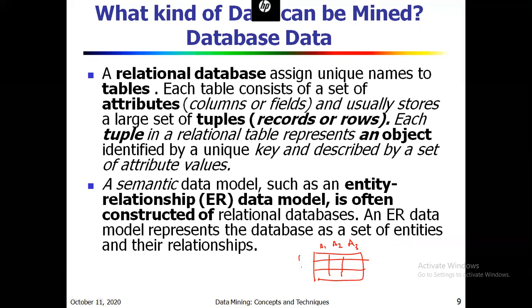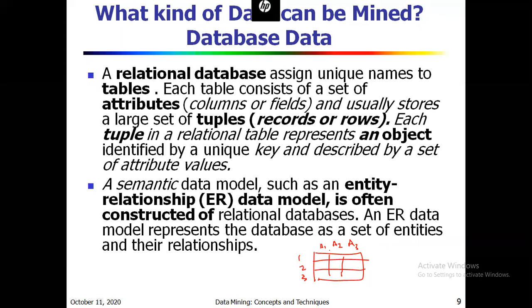Let's say we have key 1, key 2, and key 3. For example, this key might be a customer ID, and the attributes will be the customer name, age, income, and other useful attributes.